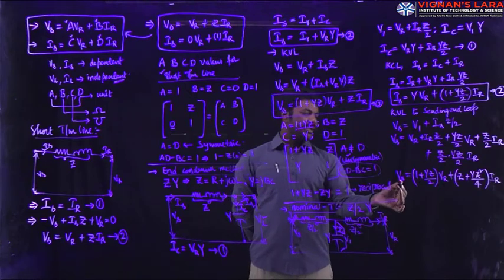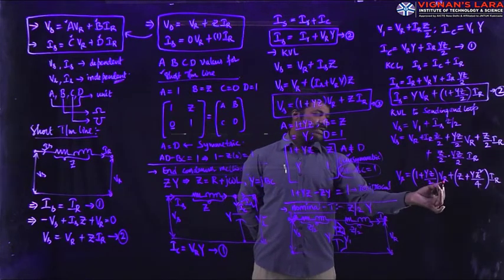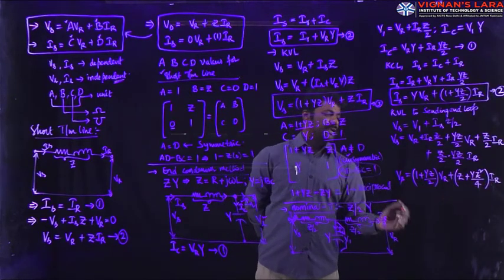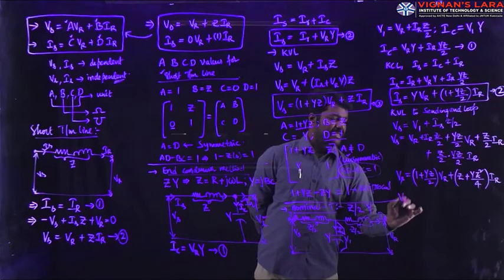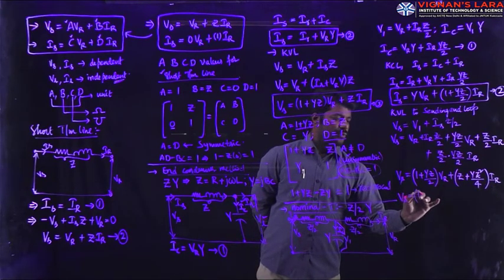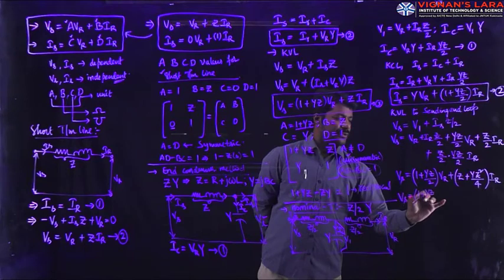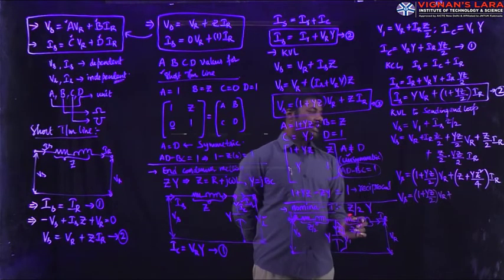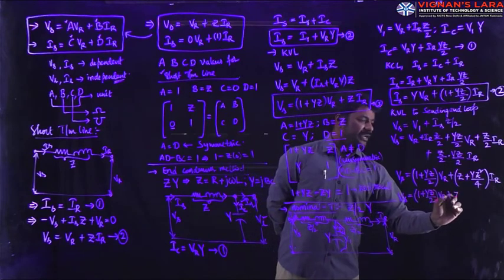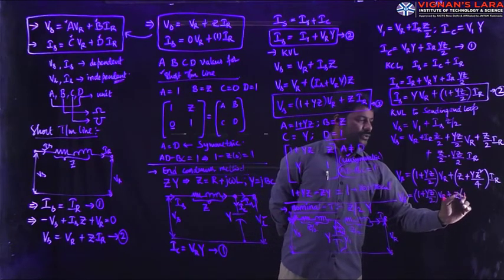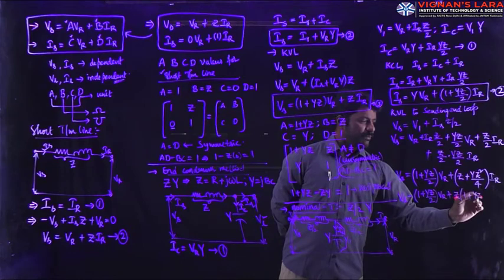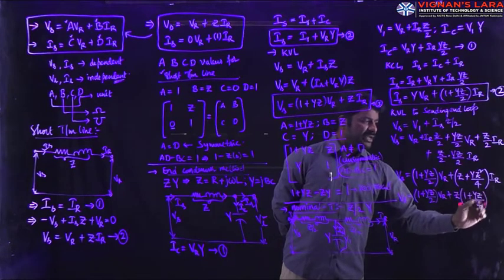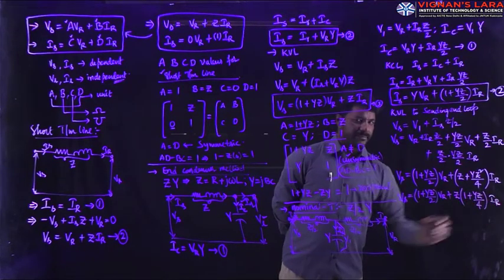So you can observe here Vs written in terms of VR and IR. The same thing can be expressed as Vs is equal to 1 plus YZ by 2 into VR plus Z, taken as common for our convenience, Z into 1 plus YZ by 4 times IR.